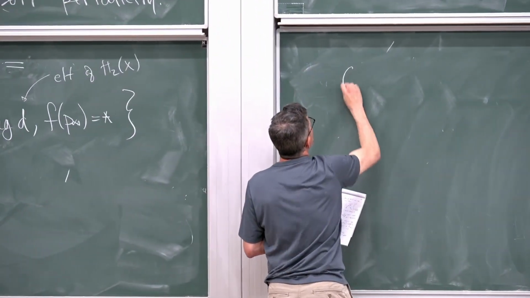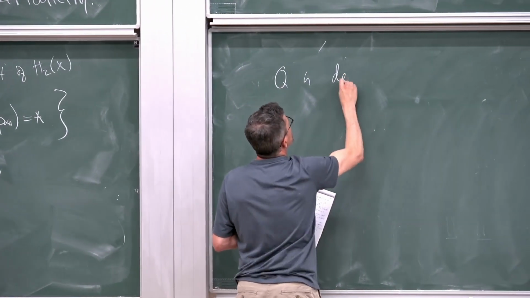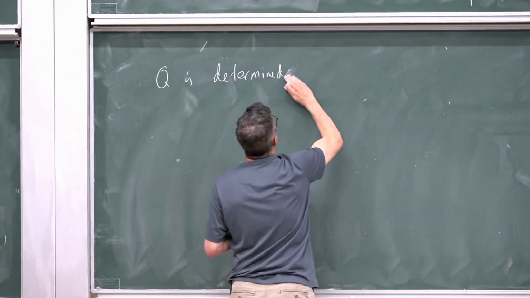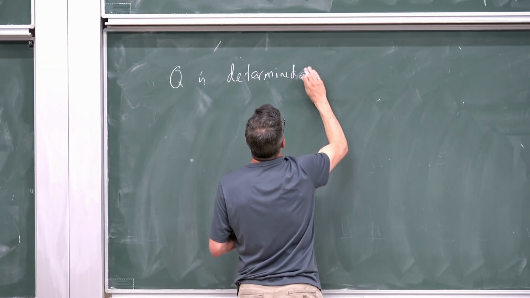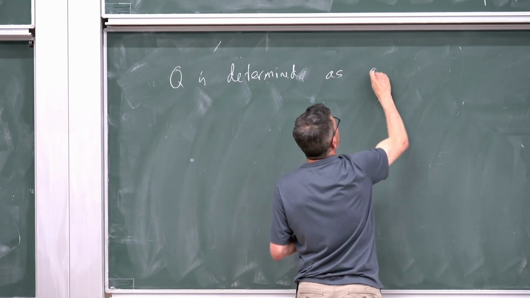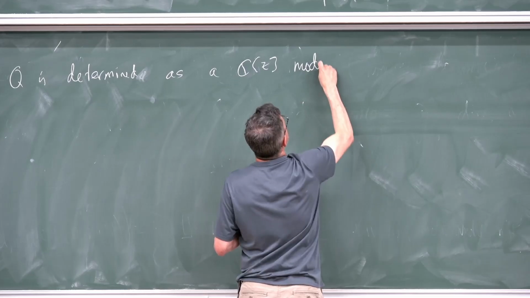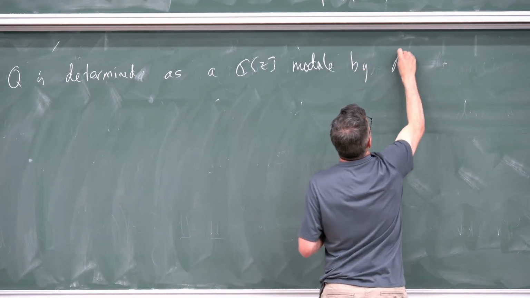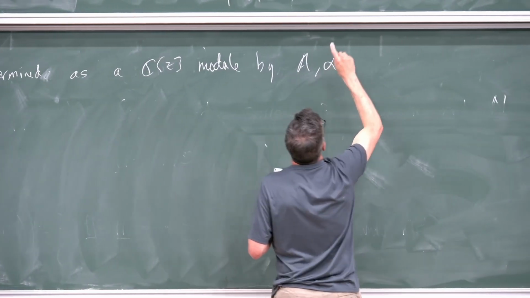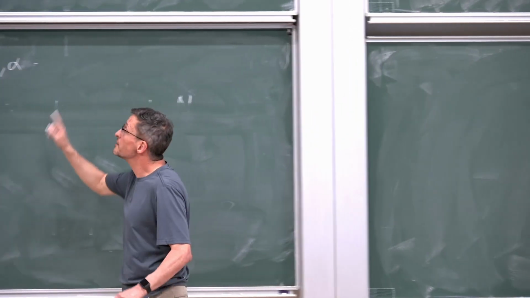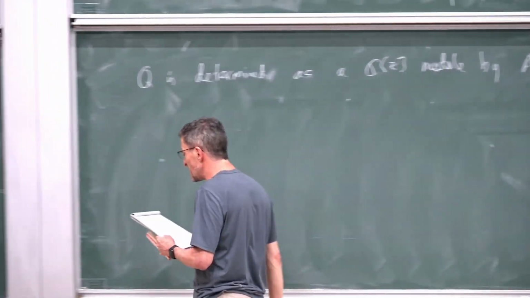Well, Q is determined as a C of Z module by A and alpha. A is the underlying vector space, and alpha is the multiplication by Z.